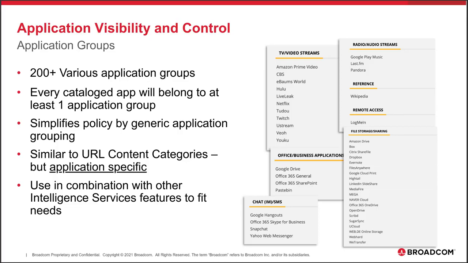Whereas an application group is application specific, meaning that if we say email, it's not going to have every single email URL out in existence, but in our catalog of 35,000 apps, everyone that's email is going to belong in that, right? So it's a more narrow and granular control than a typical content category. And like all the other features, you can use this in combination with our other feature sets to fit your needs.